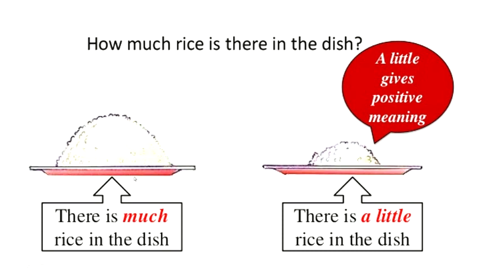So first picture we are using the word much, which is our adjective of quantity. In the second, there is a little rice in the dish. A little means positive, that something is there. Okay? So the word a little also is an adjective of quantity.